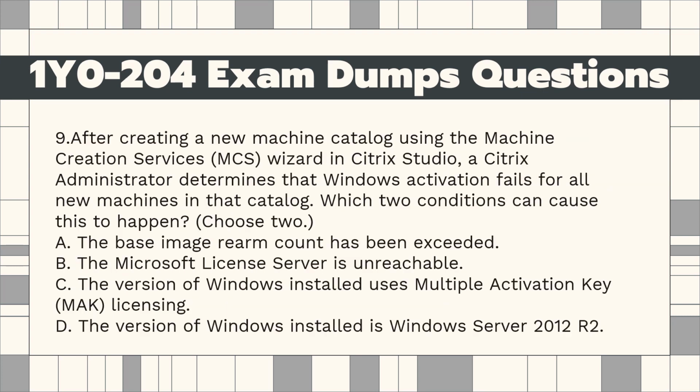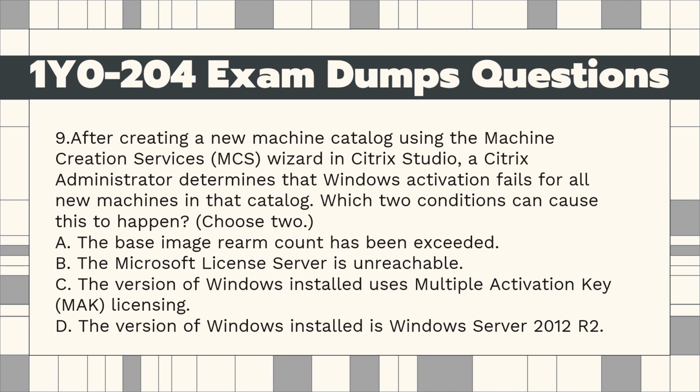9. After creating a new machine catalog using the Machine Creation Services (MCS) wizard in Citrix Studio, a Citrix administrator determines that Windows activation fails for all new machines in that catalog. Which two conditions can cause this to happen? Choose 2.